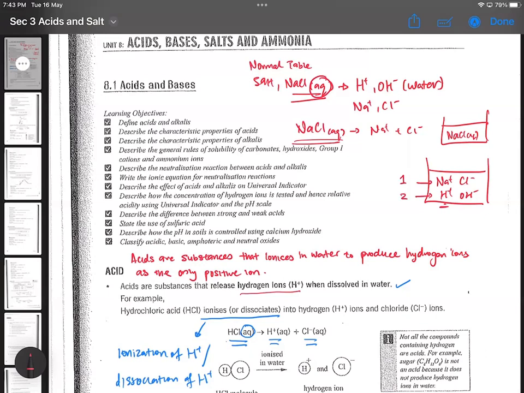So by having two positive ions, this is technically not an acid. That's why the alternative definition is the one in red. The normal definition is just anything that produces H plus. This is just a rough intro as to what kind of definitions you might see from your teachers.